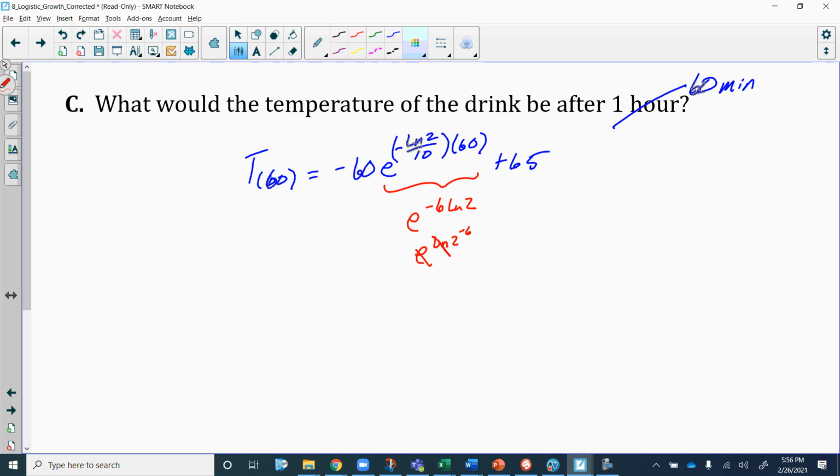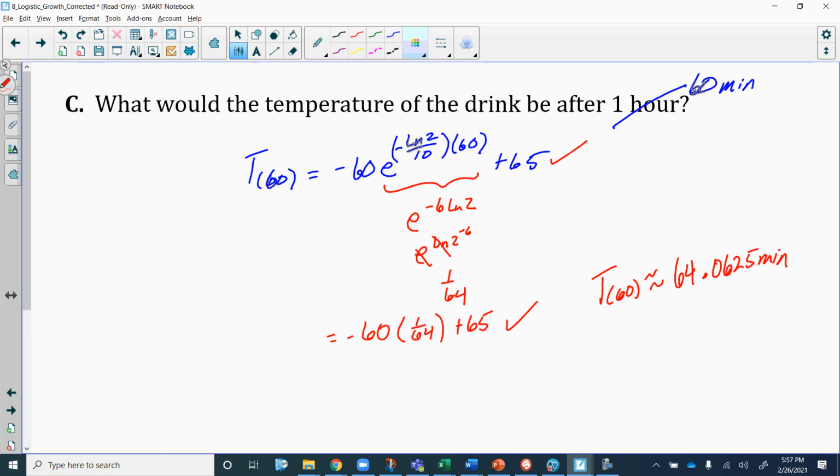Those cancel each other out, leaving me 2 to the negative 6, which is 1/64. Either way, you type it into your calculator, negative 60 times 1/64 plus 65, whichever one you do, T of 60 is approximately going to be 64.0625 minutes.